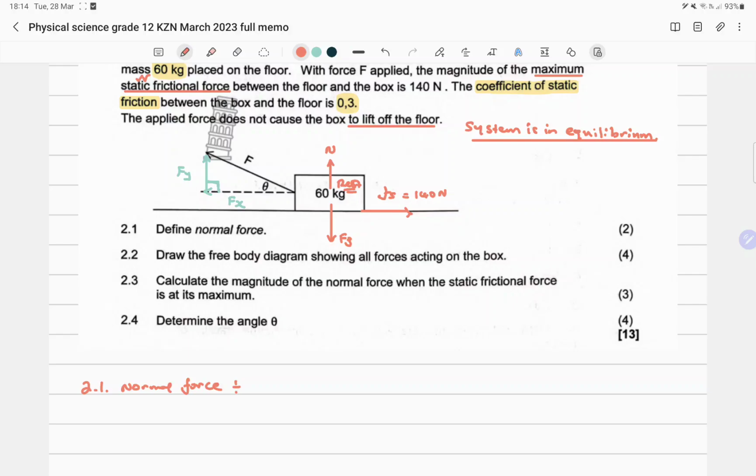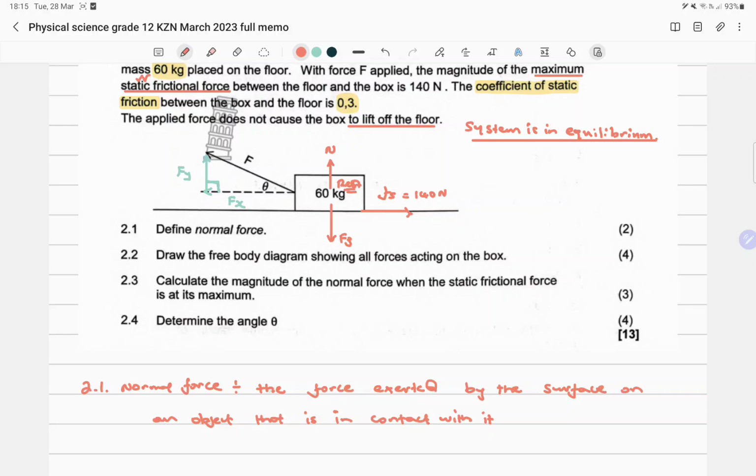Okay, so basically it is the force exerted by the surface on an object that is in contact with it. Meaning the object is in contact with the surface, right?